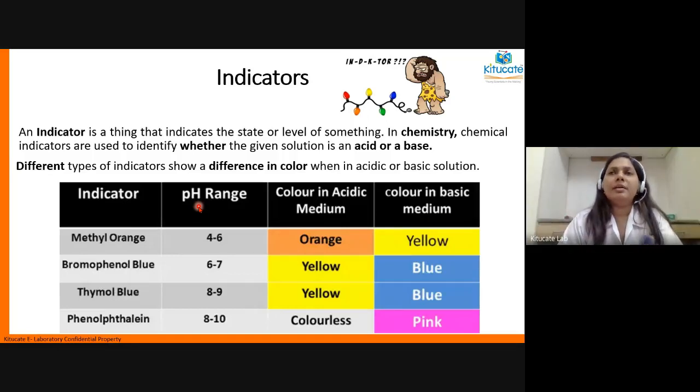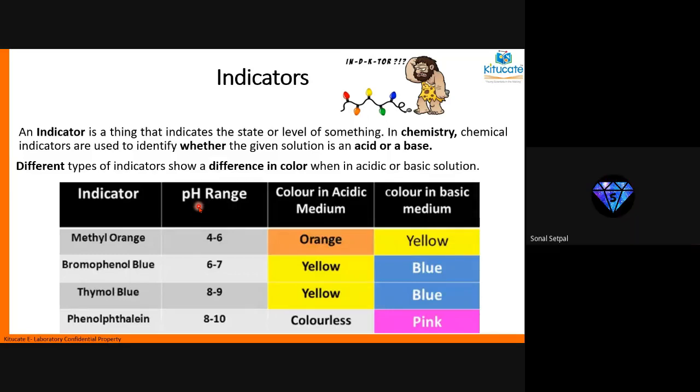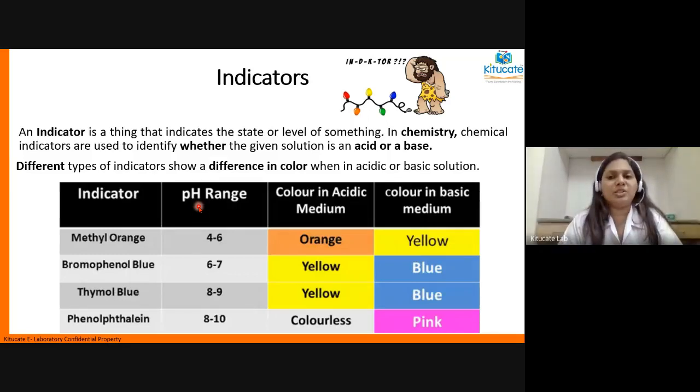The same way, 7 is at the center, which is neutral. Below 7, it's all acid. Above 7, it is all base. So till 6.9, it is acid. From 7.1 onwards, it is base.